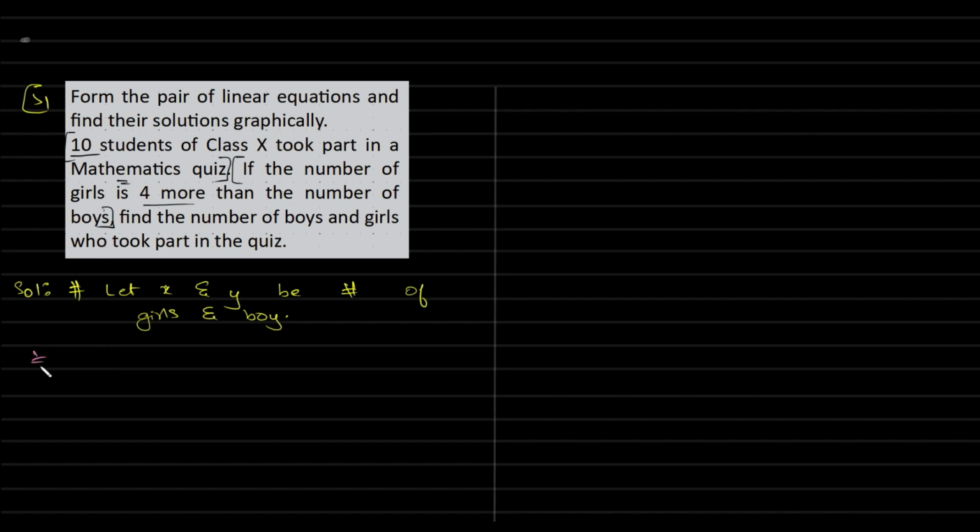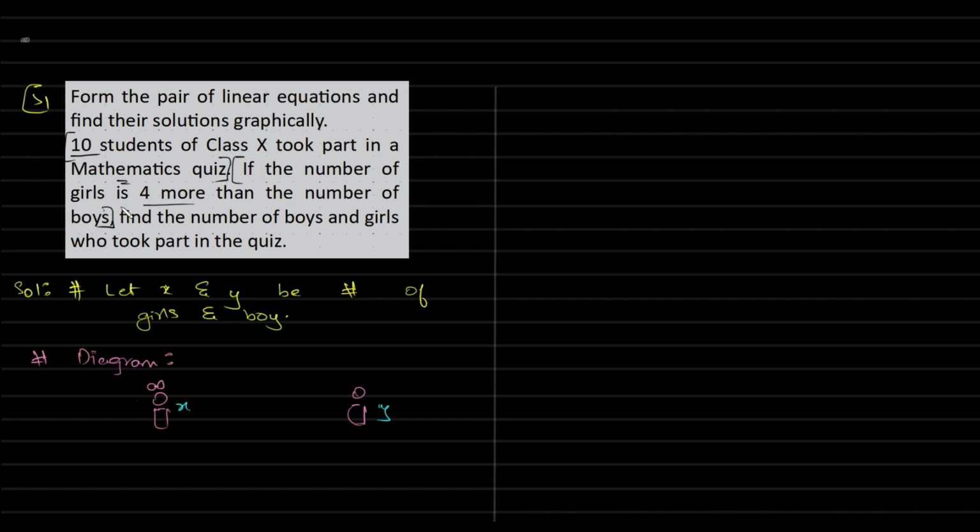So a diagram, if possible, not required, but making you guys used to the idea of drawing a diagram. So we have the girls and we have the boys, right? So these are x and these are y.